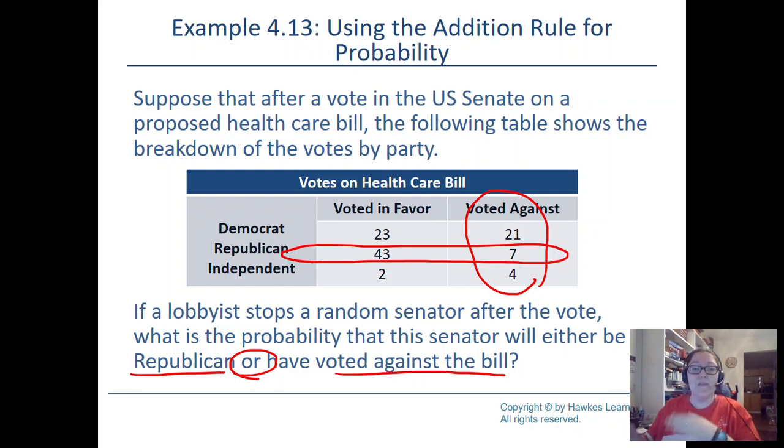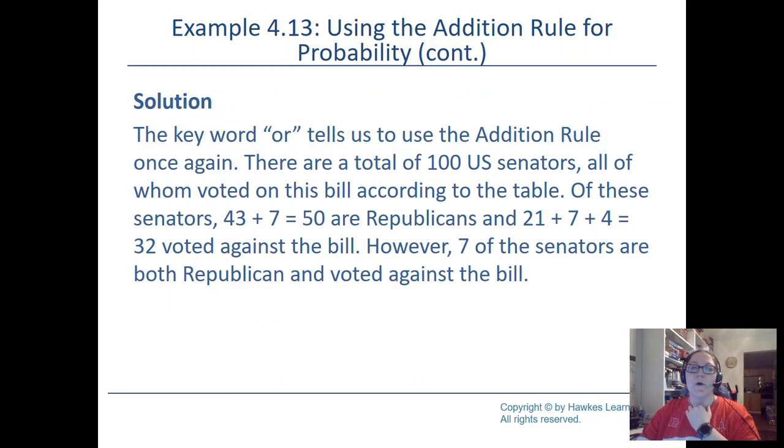I've circled it in the voting against, and also in the Republican part. So since that's being double counted, that's where the "and" is going to be. And is going to be where they are Republicans and voted against at the same time. Okay. So again, keywords, you've got to look for them, and "or" and "and" are going to be those major words that you want to look for in a lot of these word problems.